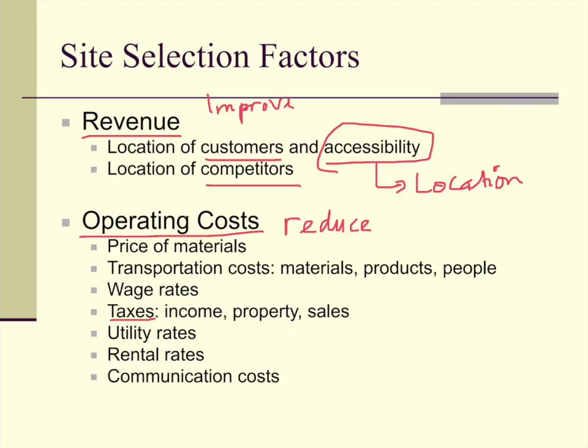The utility rates might be more expensive, and the rental rate is almost more expensive in Jakarta compared to Boyolali. That is why many companies relocate their plant to Boyolali from Jakarta and Tangerang. That is the site location factor.